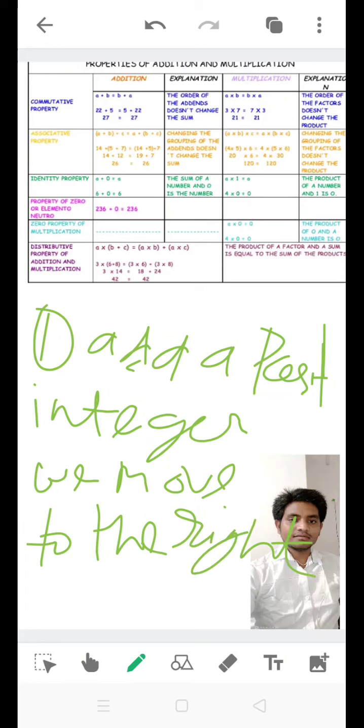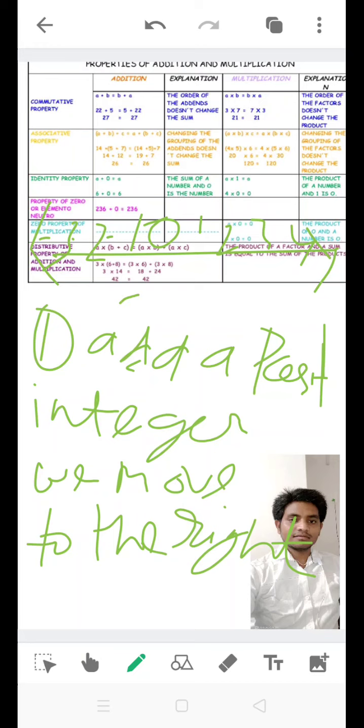Dear student, the first thing is when we add a positive integer we move to the right. That means in this case we see this, all of you: 0, then 1, 2, 3, 4 and so on, and -1, -2, -3.